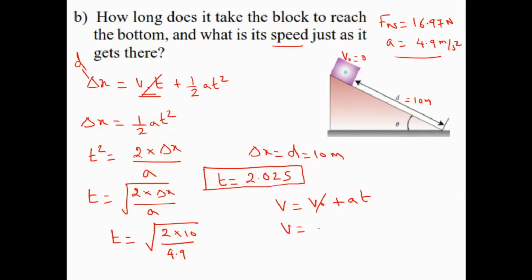Therefore, the final speed v is equal to acceleration 4.9 multiplied by the time we just found, 2.02. Therefore, 4.9 multiplied by 2.02 gives 9.89 meter per second. So this is the answer for this question.